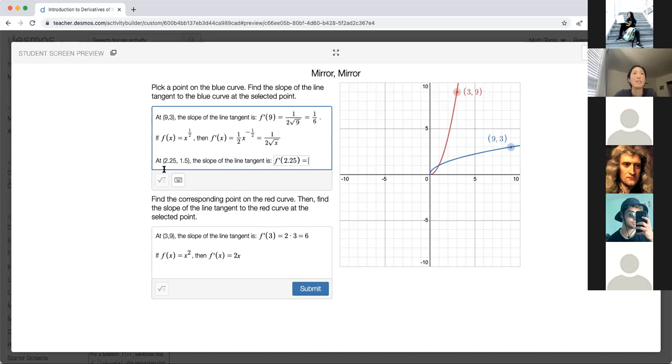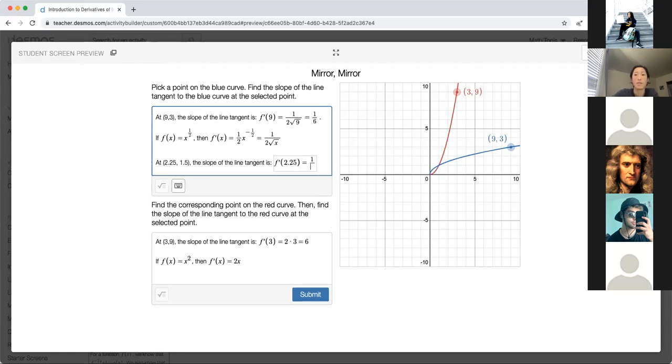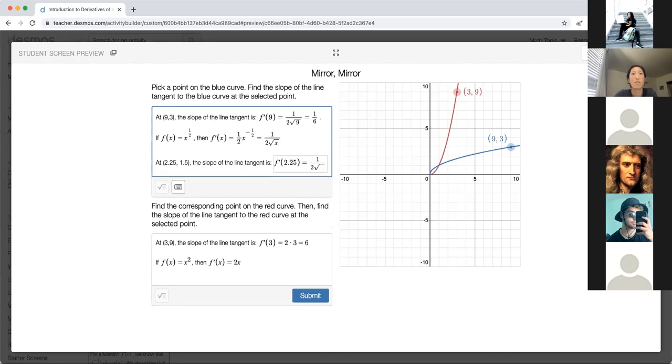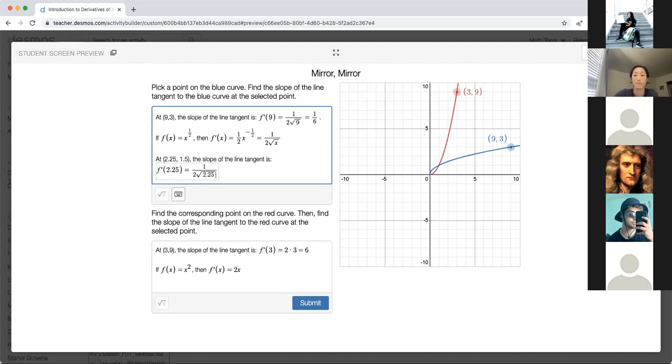Okay, so we're going to get 1 over 2 times the square root of 2.25 equals, let's see, square root of 2.25 is 1.5, yeah? Okay.